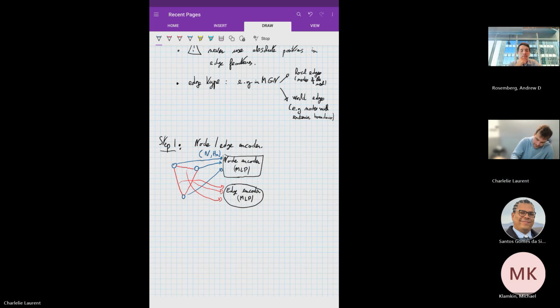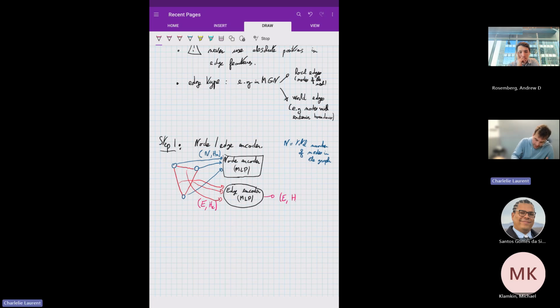And for the edges, it would be of size E by hE for the hidden feature of the edges. And what you get in the end is the same vector of size E by h.